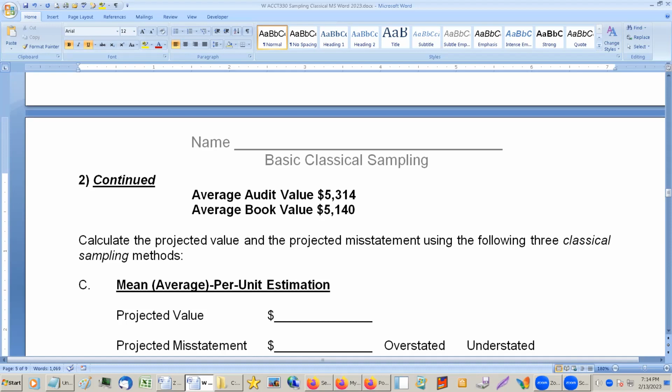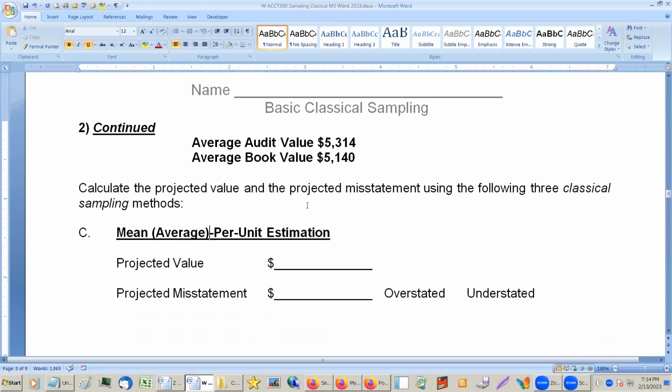Which average is more persuasive, the audit average or the book average? Audit. Yep. The audit one is going to be the most important one, because that's information that we've gotten ourselves, not that somebody's handed it to us. The book average is what they handed us. This is when we went and looked to see what it's really. So when we talk about the average here, we're really talking about the audit average.